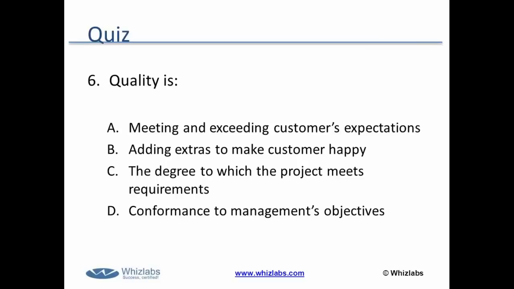The degree to which the project meets requirements, not about management objectives. Quality is about meeting the requirements of a product. My project will produce a wireless modem. That is the result, product, services. So quality means ensuring that all features, all functions, or all requirements which have been collected for that particular product have been delivered to the most satisfactory level. So the degree to which the project meets requirements, that is the purpose of quality.